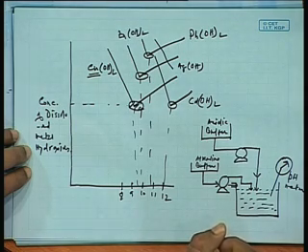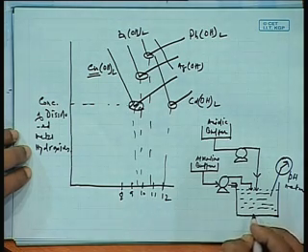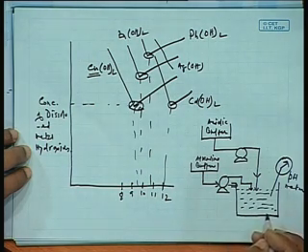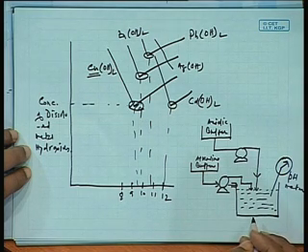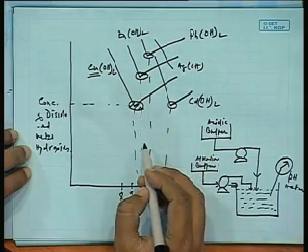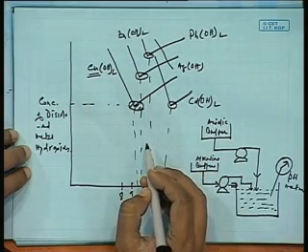All right. So this is what is known as lime treatment. This is the famous lime treatment that we generally do in most of the environmental industry. Lime treatment is a very standard and very effective method of treatment for different kinds of metallic ions.